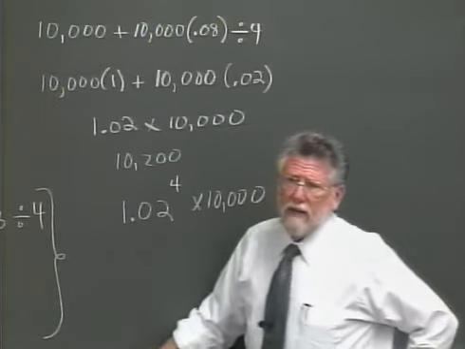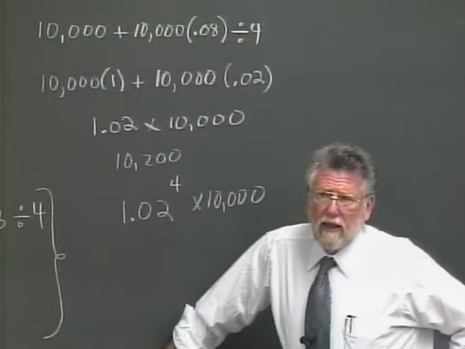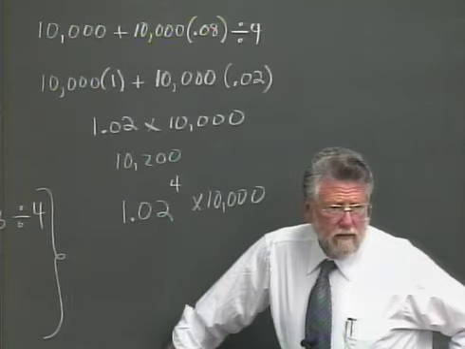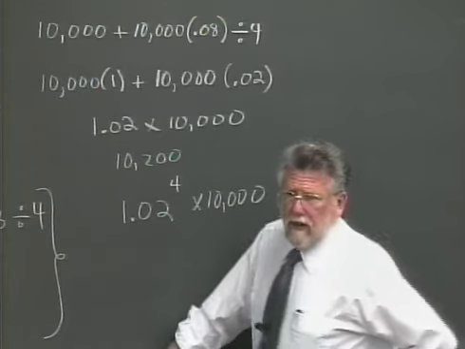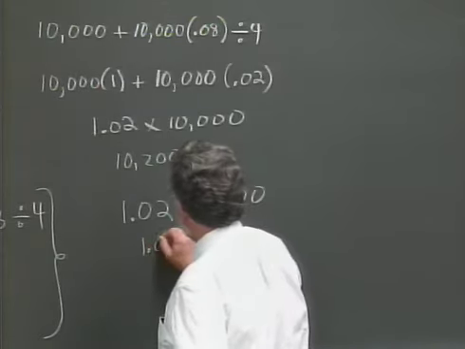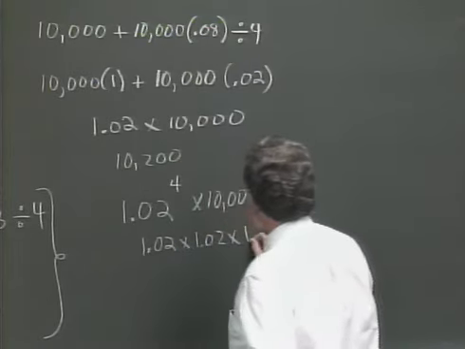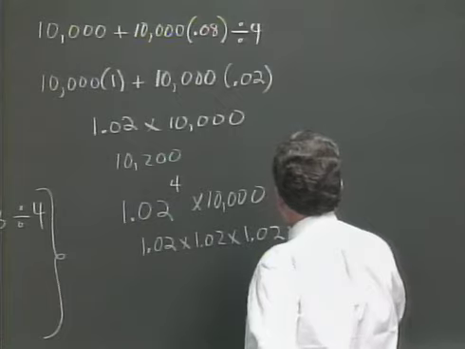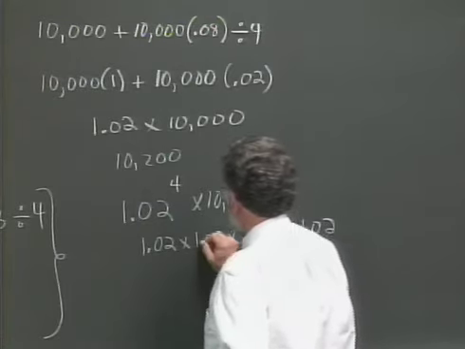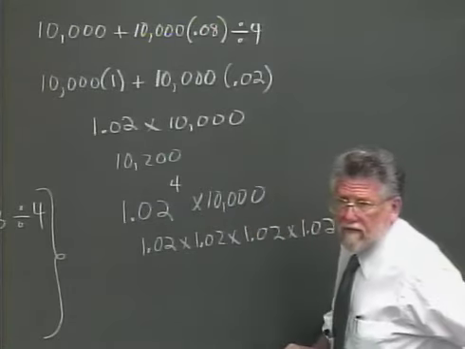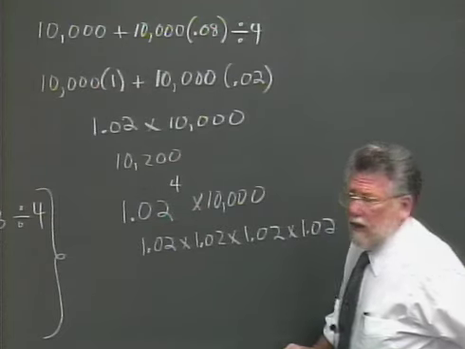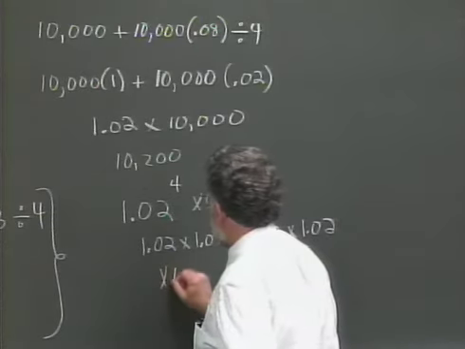So the question is, how do we get 1.02 to the 4th power? Will you do this for me on your calculator? 1.02 times 1.02 times 1.02 times 1.02. Find that for me. And then when you get done, I want to multiply that by 10,000.